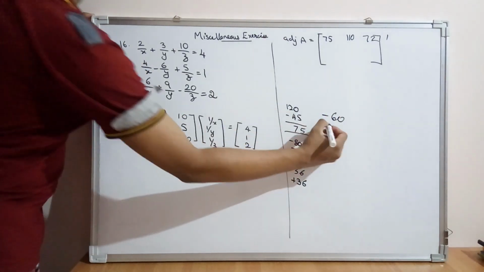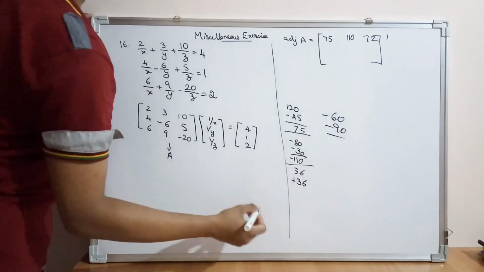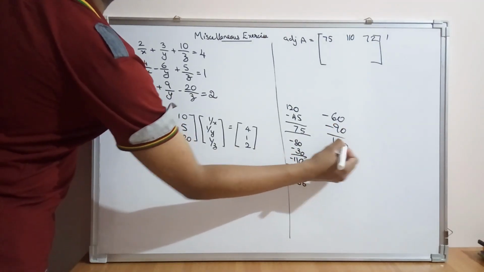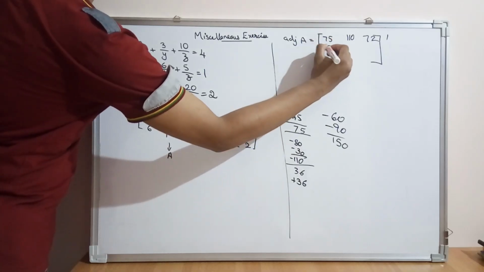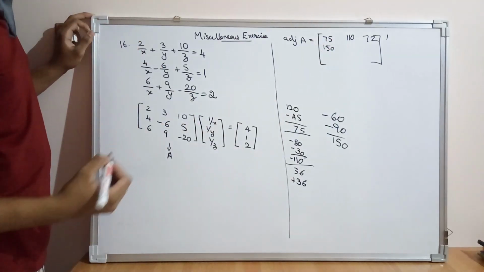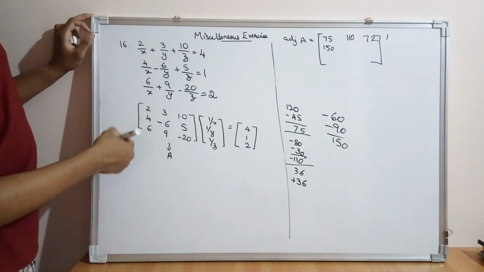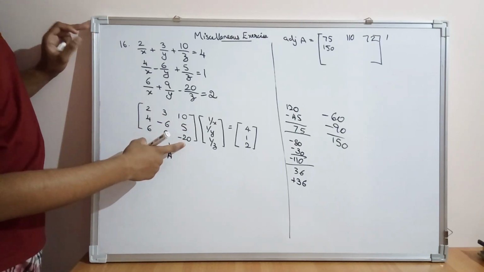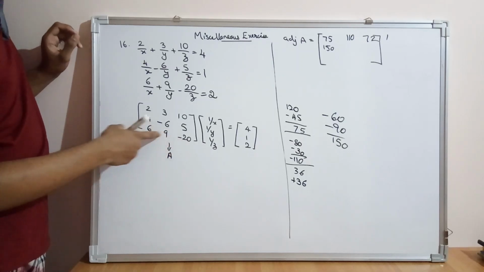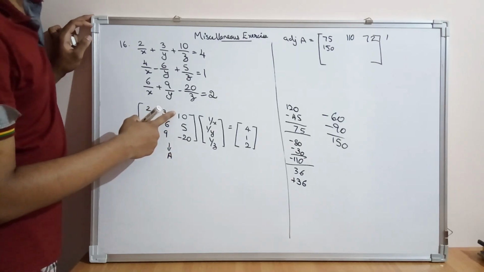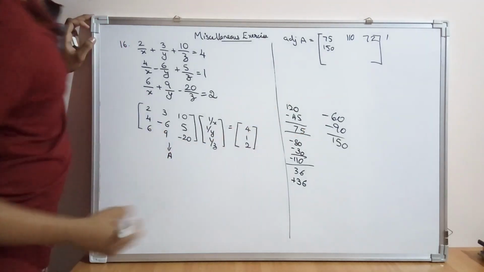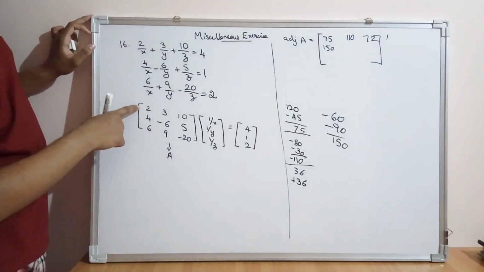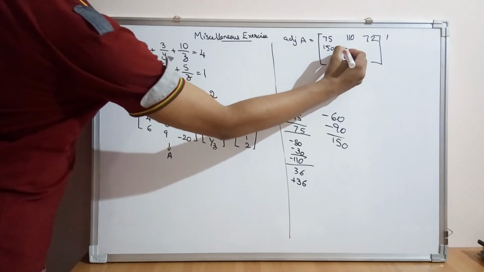Minus 90, it is going to be 150 since I had to change the sign over there. Next we have this position, that is 2 into minus 20, that is minus 40. Minus 40 minus 60 is minus 100. Right? Yeah, minus 100.